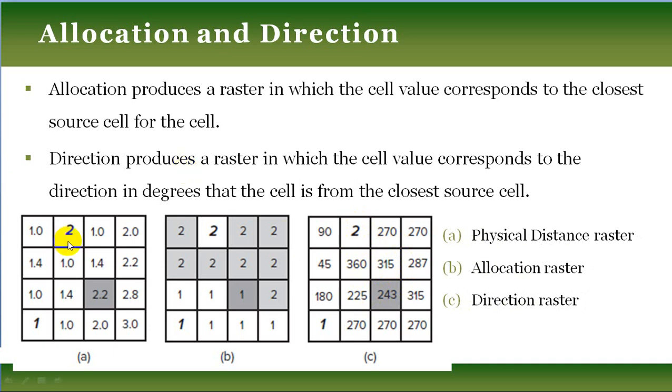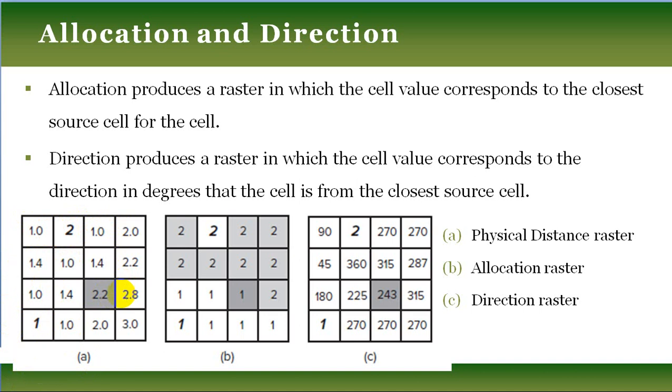The source cells are denoted here as 1 and 2. So this is cell 1, cell 2. We identify source 1, source 2, and based on source 1 and 2, this is the physical distance measured.